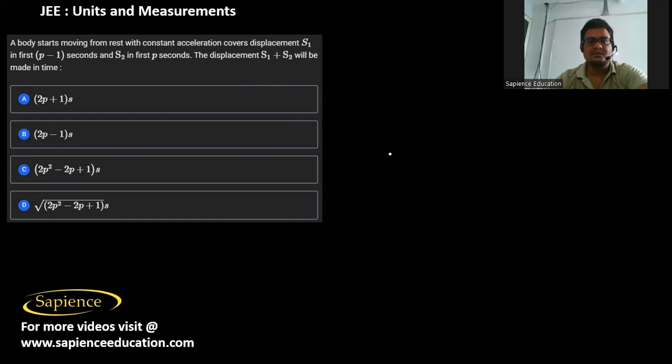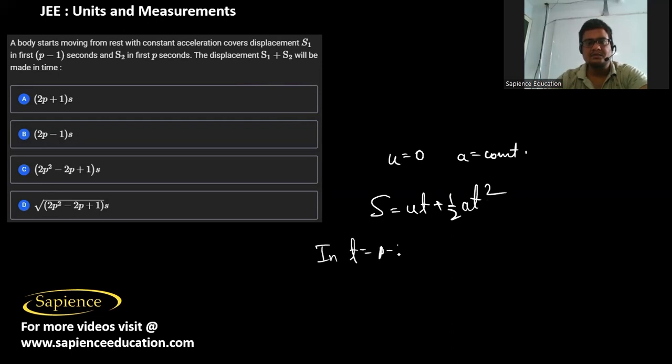It starts from rest, so u equal to 0 and acceleration is constant, then it covers s1 in the first p minus 1 seconds. So as you know, s equal to ut plus half at square. So in time t equal to p minus 1 seconds, the displacement s will be equal to s1, and in time t equal to p seconds, s will be equal to s2.